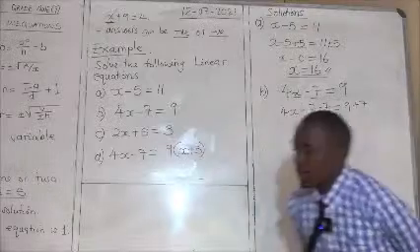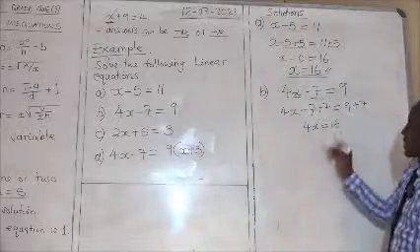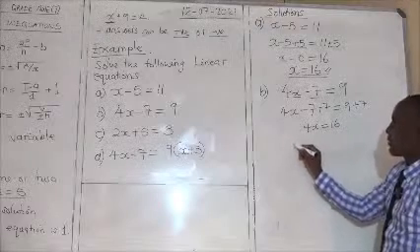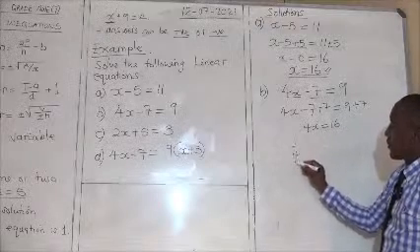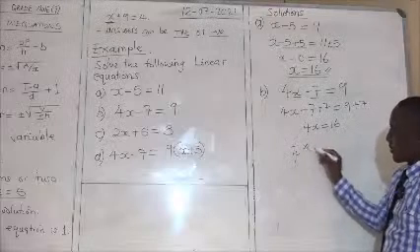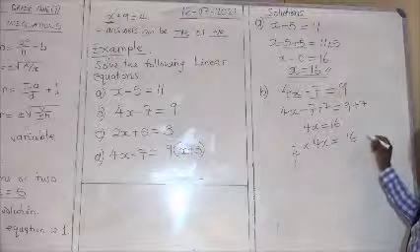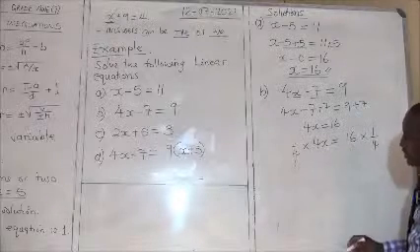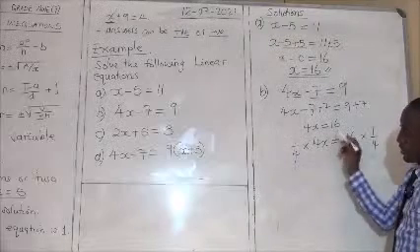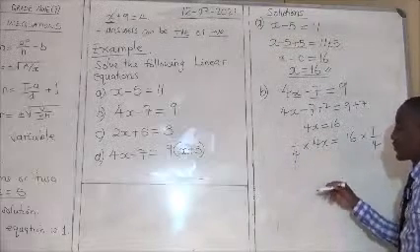In order for us to find the value of x, we will say 1 over 4 multiplied by 4x, and 16 multiplied by 1 over 4. Here we can multiply the numerators and also the denominators.